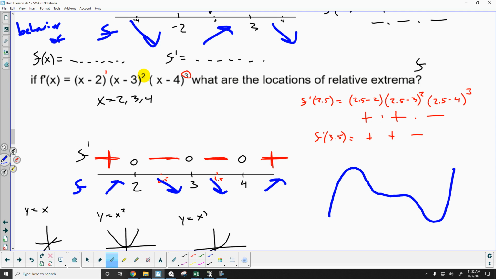We have our first instance where at x equals 3, it's still a critical point. The derivative is still 0. It's still a critical point, but it's neither a max nor a min. It's a point where the slope is 0, but it's not a max or a min because we don't go up, down, or down, up. Keep your phone away. X equals 4, we know it's a min.